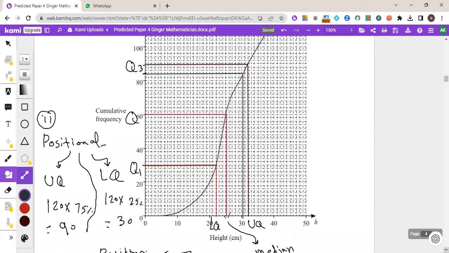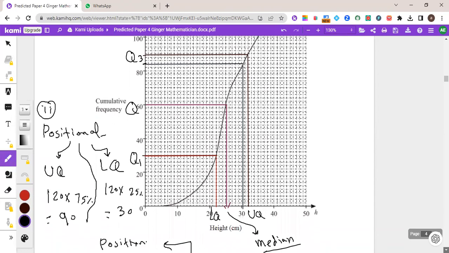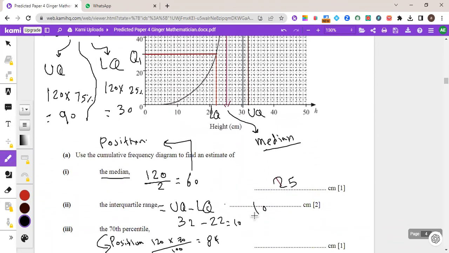Here, I think it's 30.5. If you write it as 31, it will be correct also. Okay, Ahmed, complete?